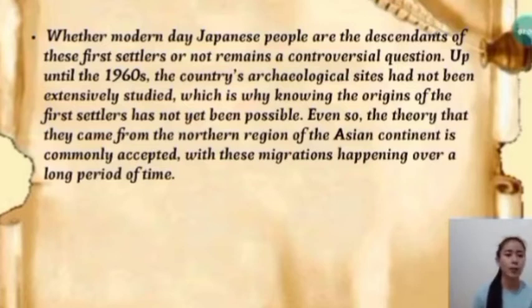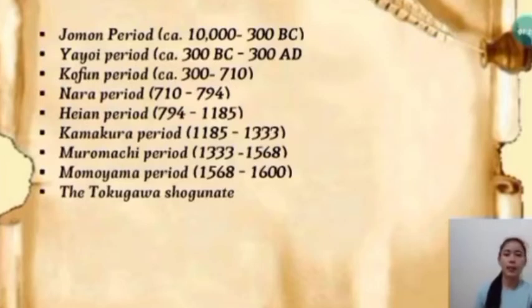Even so, the theory that they came from the northern region of the Asian continent is commonly accepted, with these migrations happening over a long period of time. The periods of Japanese civilization are the Jomon period, Yayoi period, Kofun period, Nara period, Heian period, Kamakura period, Muromachi period, Momoyama period, and the Tokugawa shogunate.